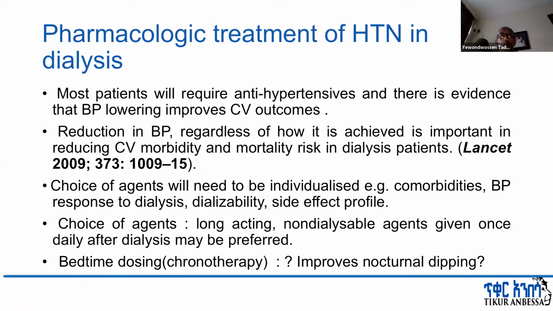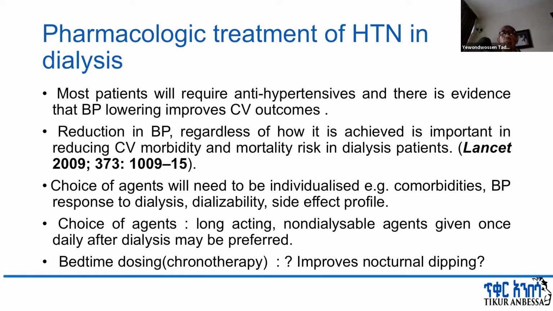When we come to the pharmacological treatment of hypertension in dialysis, unfortunately, for many reasons, only a certain proportion of our patients will have their blood pressure controlled just with maintaining reasonable dry weight and low salt intake and so on.